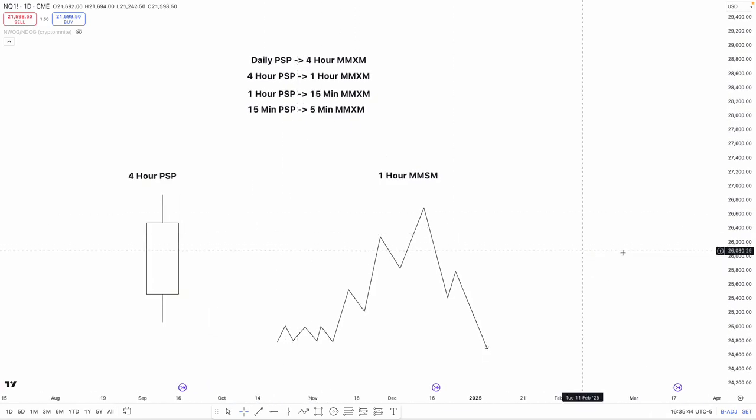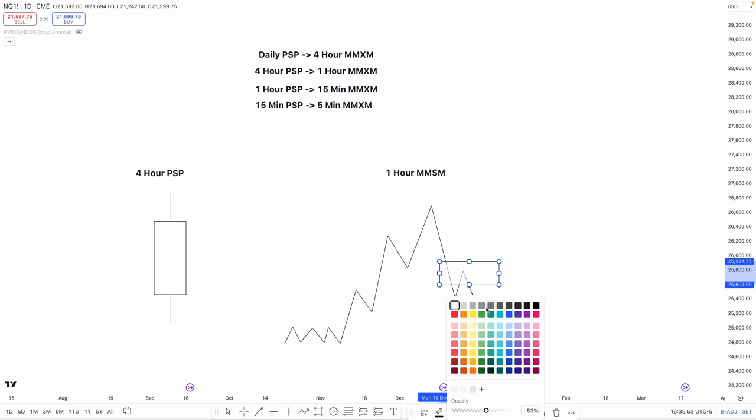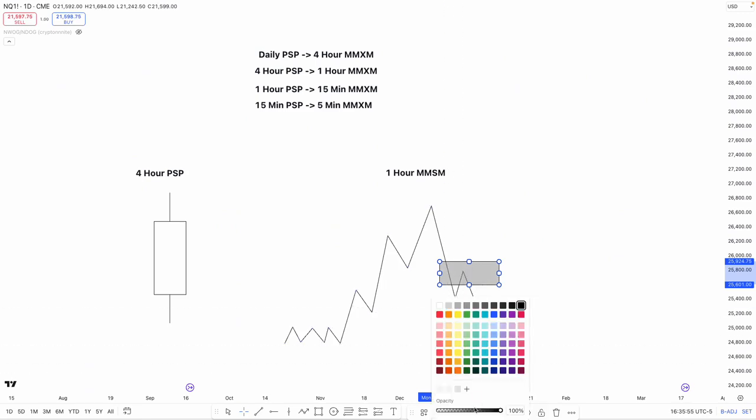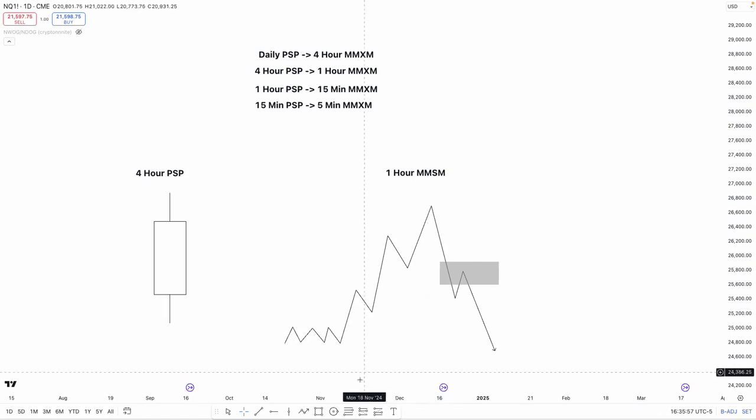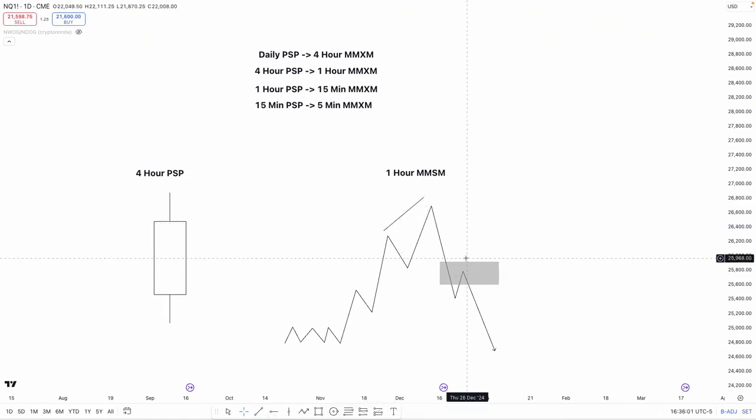And then of course, in our stages, if you miss the market maker model smart money reversal, we can look for PD arrays.